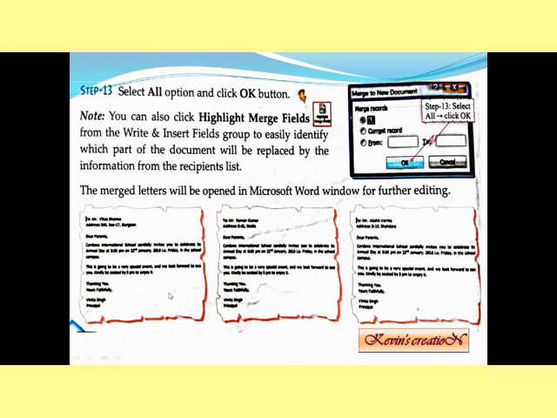That means the letter is merged. This was your main document, and here only the name and address were there. Now these two things, name and addresses, are taken from the data source. So these two files are combined so that you can send the same letter to a number of people.